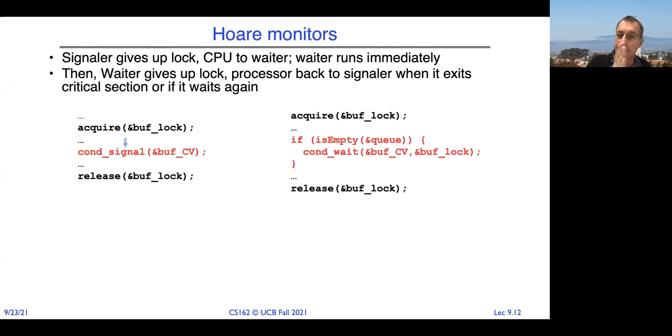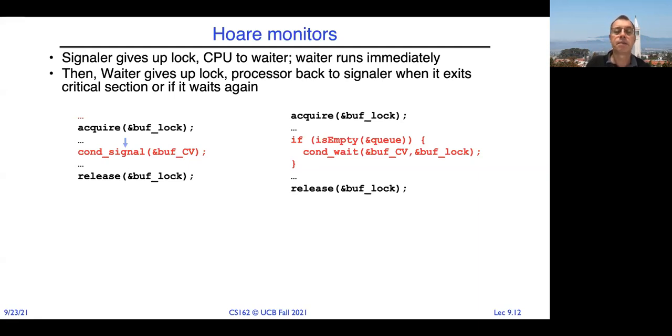The code on the left is going to send a signal, and as a result the thread waiting on the conditional variable buff CV is going to wake up. So the thread on the left sends a signal, and the code on the right is of a thread which is woken up by this signal.